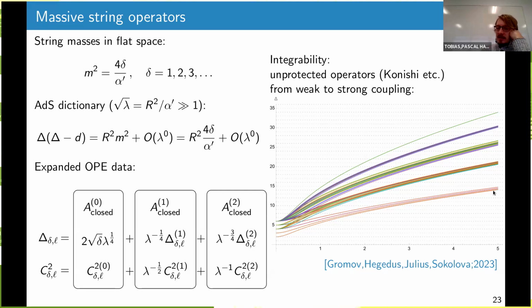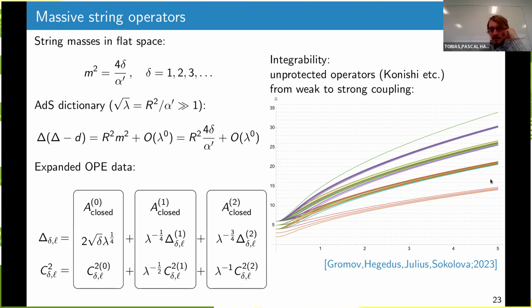Actually, this plot is not only for R symmetry singlets, so there are many. If we would take only R symmetry singlets, there would be only one here for delta equals 1. So there are a lot of operators. Even for R symmetry singlets, for higher mass levels, there are multiple spins. But these can all have different R symmetry content.